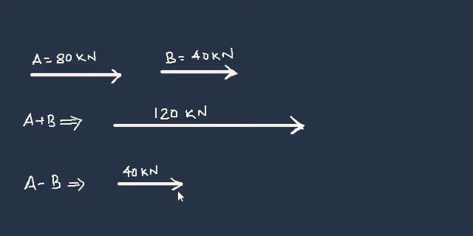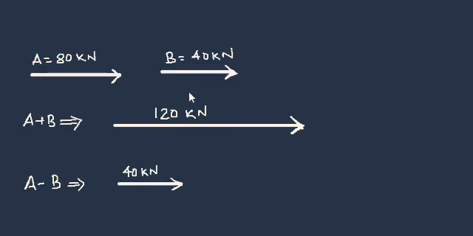But if you have vectors acting in opposite direction but collinear, then the resultant vector will have the direction of the biggest vector among these two. Now this is a case of collinear vectors.